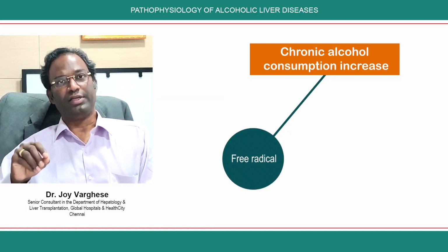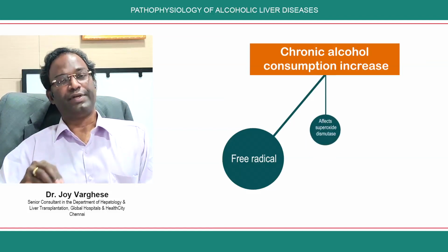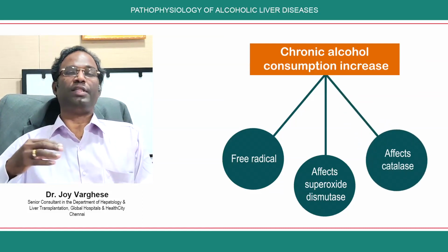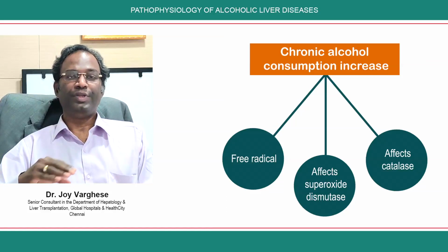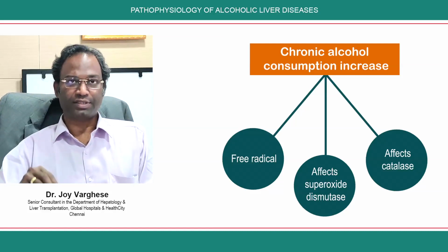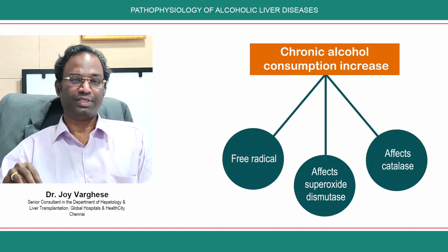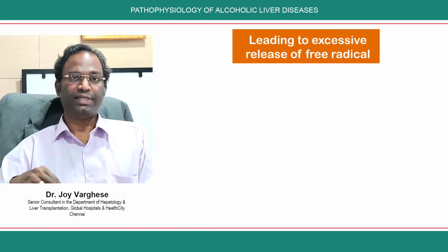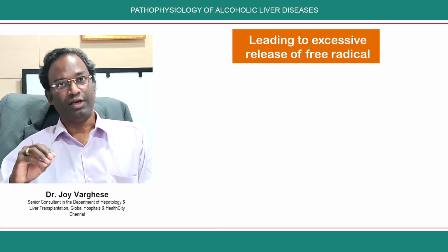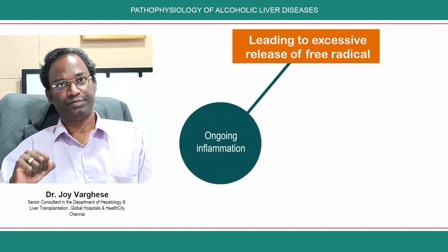Chronic alcohol consumption affects the superoxide dismutase and catalase enzymes. We know all these enzymes are important to degrade free radicals. If these enzymes are affected by alcohol consumption, there will be excessive release of free radicals, which are one of the main causes of ongoing inflammation.